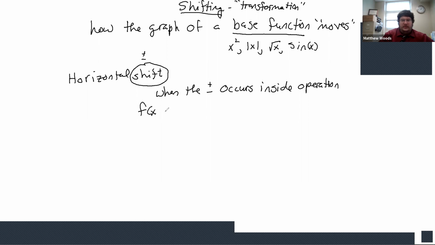So for example, if I have f of x equals x squared, and I translate that into x minus 5 squared, this is where the minus sign is on the inside of the parentheses.